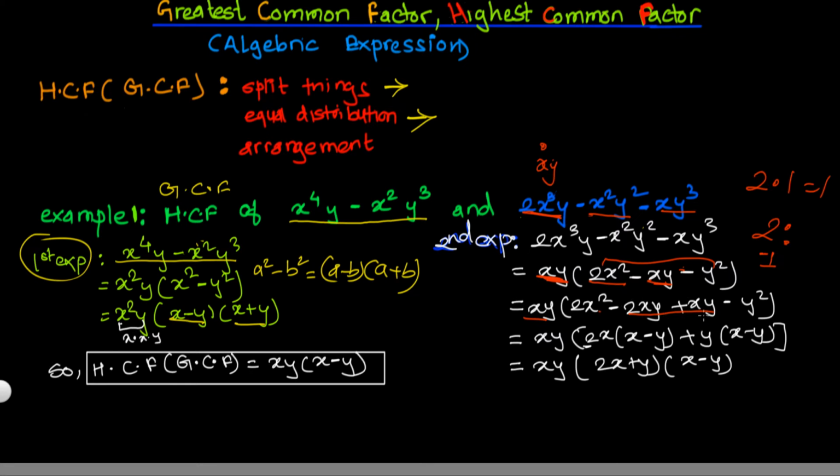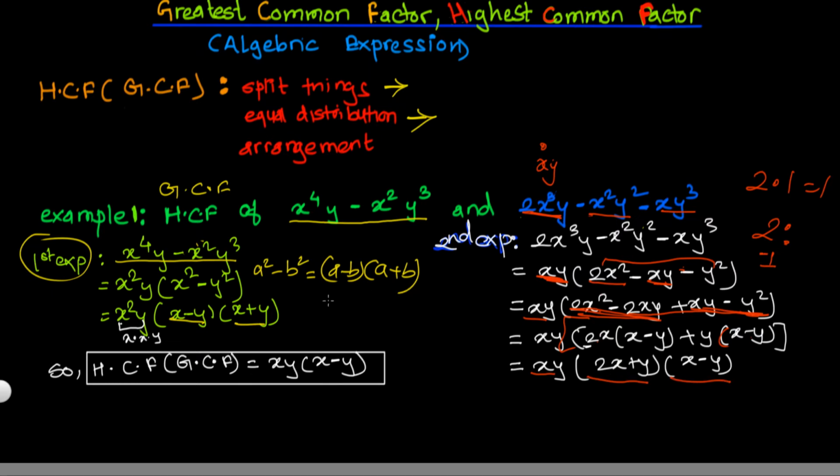Minus 2xy plus xy minus y square. If we come inside, we have 2x common in between this. So 2x is common. The remaining will be x minus y, plus in these two terms we have y common, so we will be left with x minus y. So eventually we will get xy, 2x plus y, and x minus y.